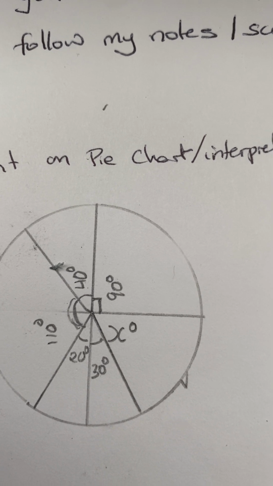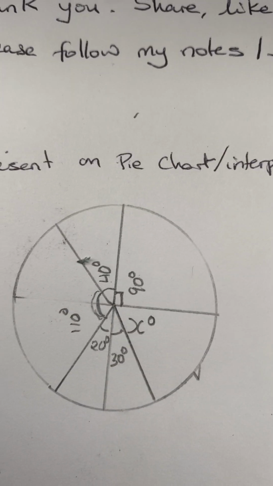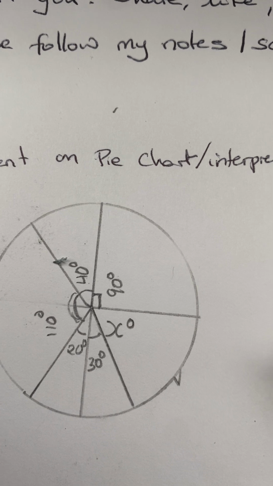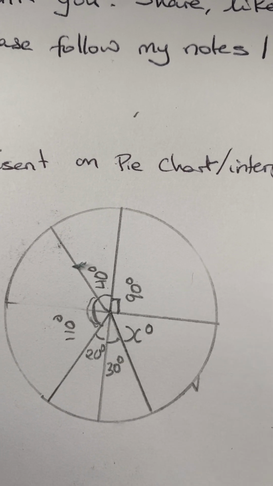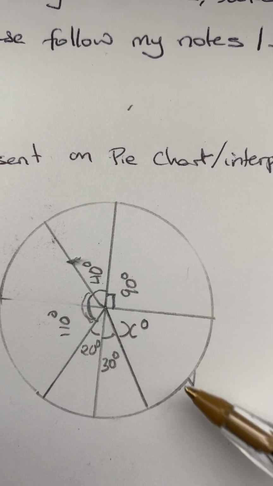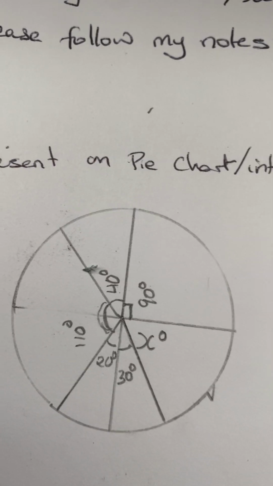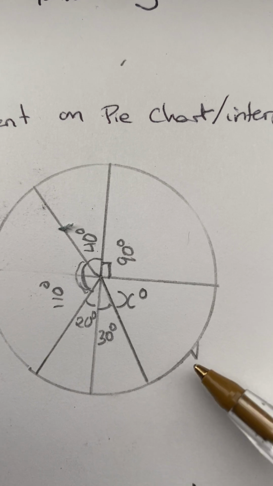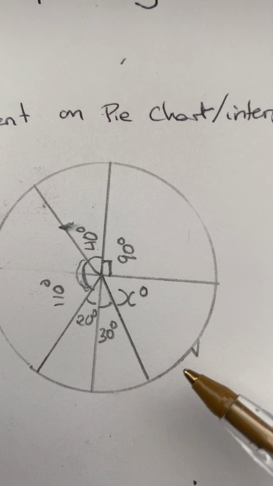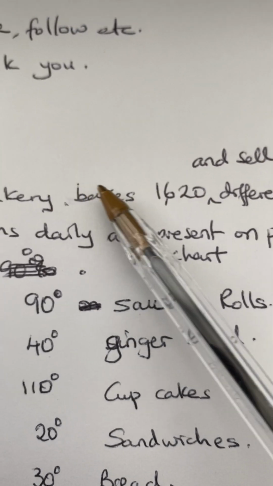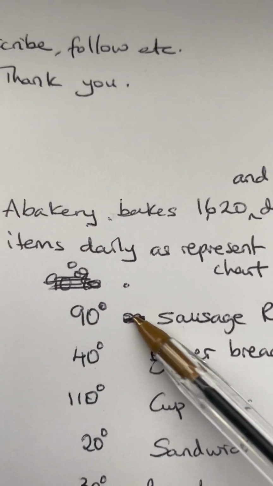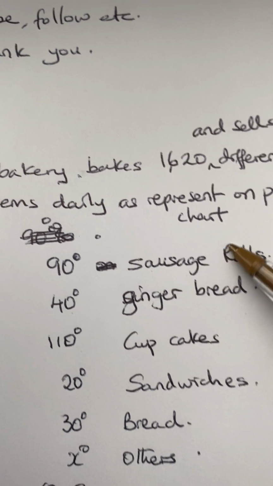If I want to do 2 examples, we might take a lot of time, so I'm just going to take my time and explain this to you. I have already drawn the pie chart. The pie chart wasn't given. This is the question that I made up.